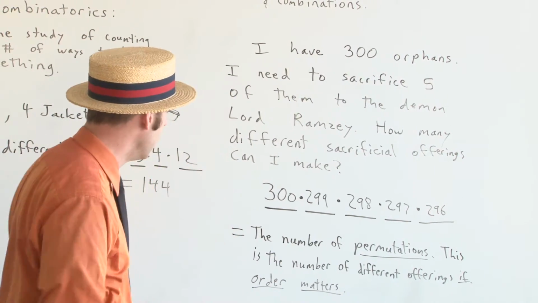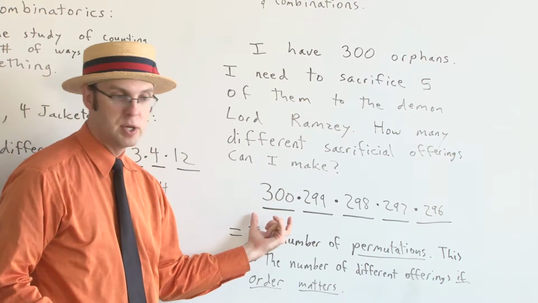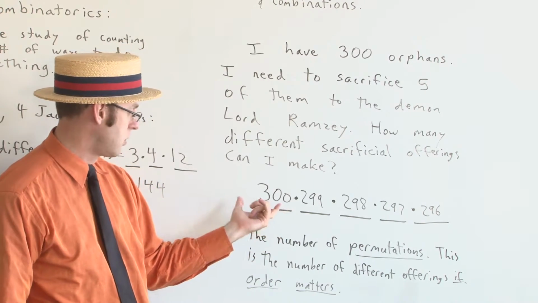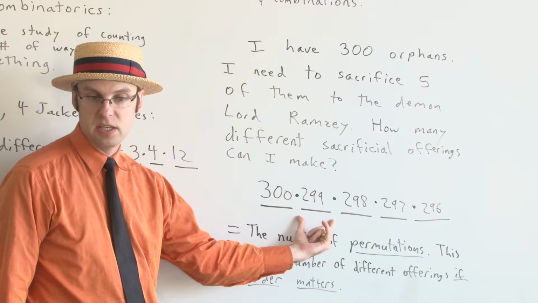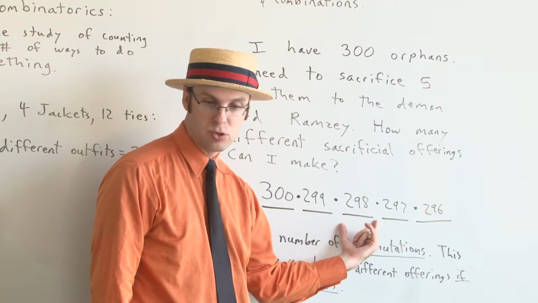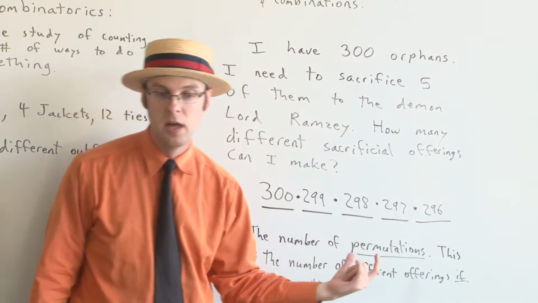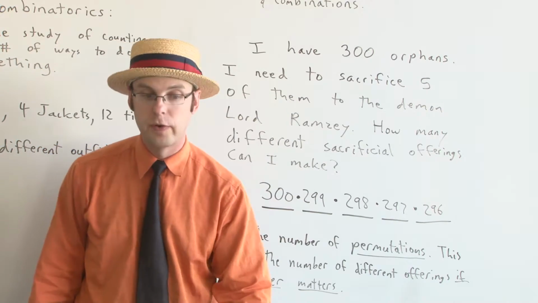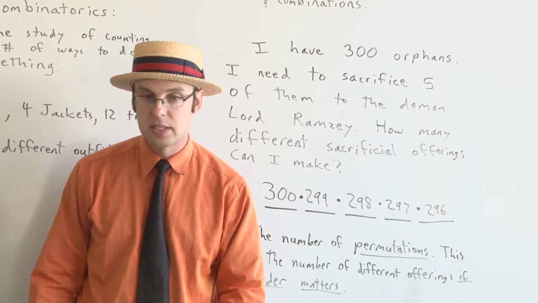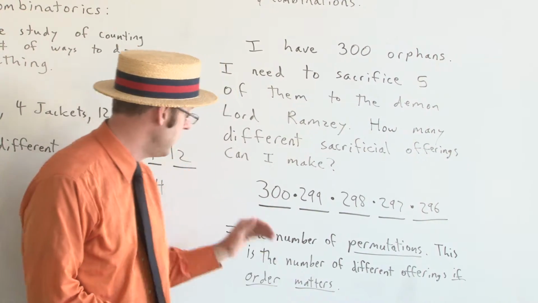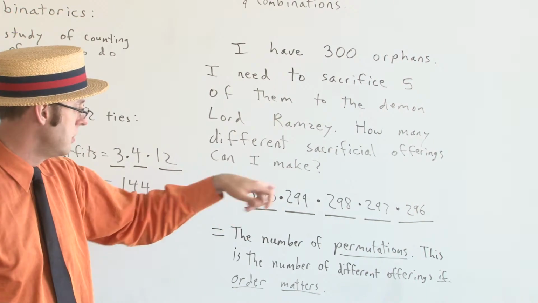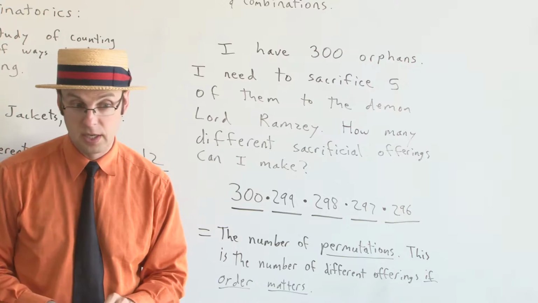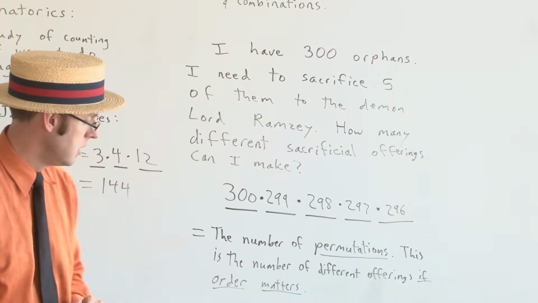So for example, if the first person that I select is the queen of the sacrificial orphans, the next one's the vice president of the sacrificial orphans, and this one is the treasurer of the sacrificial orphans, if each position is different, then it's a permutation, and this is the number that we just straight up use: 300 times 299 times 298 times 297 times 296.